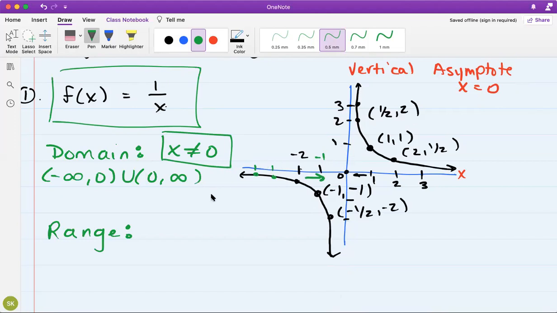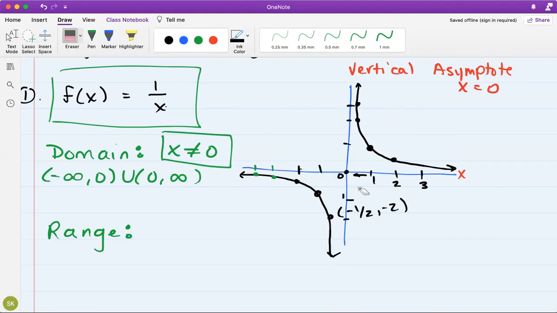Okay. Now let's talk about the range. The range isn't something that you can just see from the function here. You have to look at the graph. So looking at the graph, I'm going to erase this stuff because it's a little cluttered. But if we look at the graph, remember that the range is how far up and down we go. Notice that at 0, for anything above 0, let's say right here, we're going to have a point way out here.